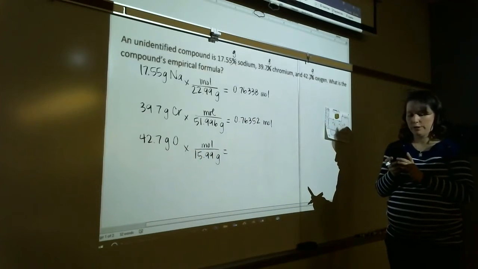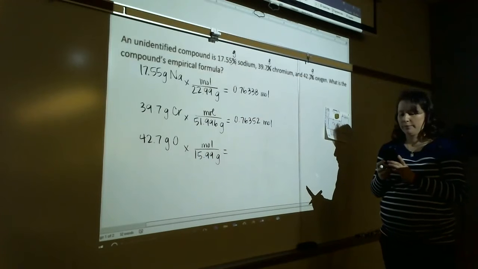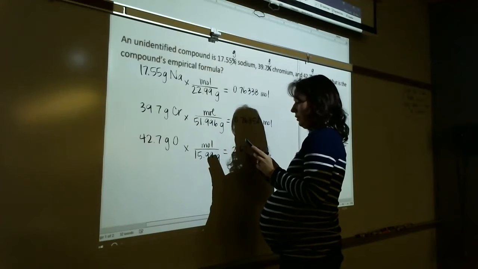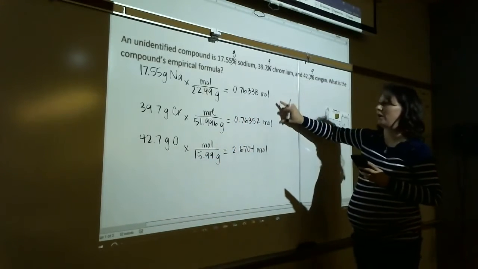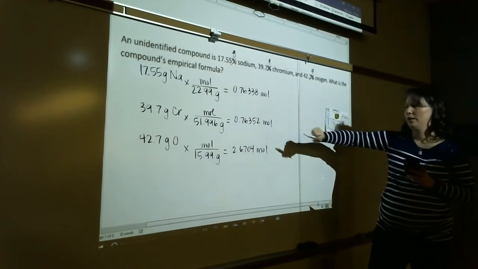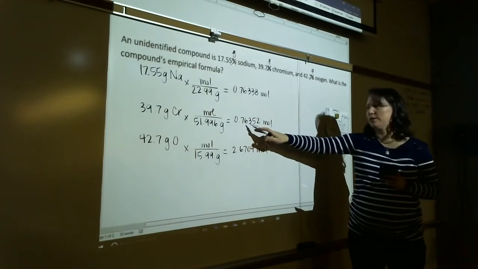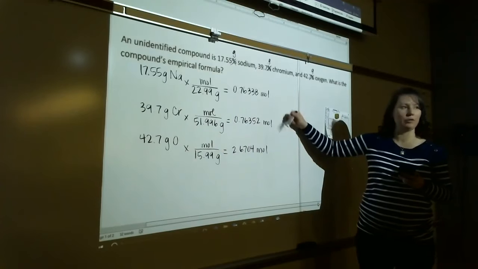And then 42.7 divided by 15.99 is 2.6704 moles. So these two are essentially the same, right? Really, we're not going to see a huge difference between these two.